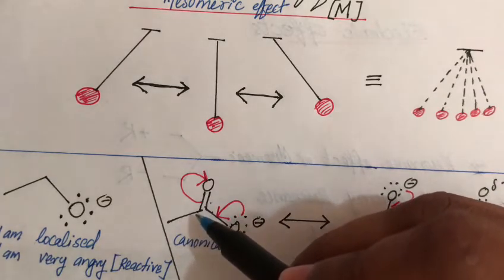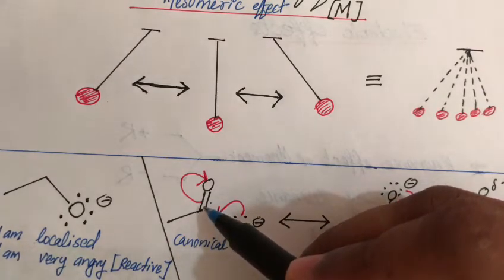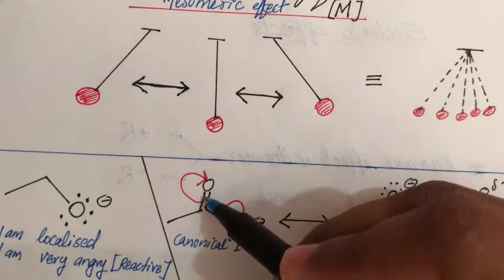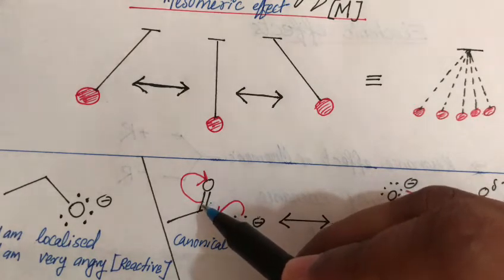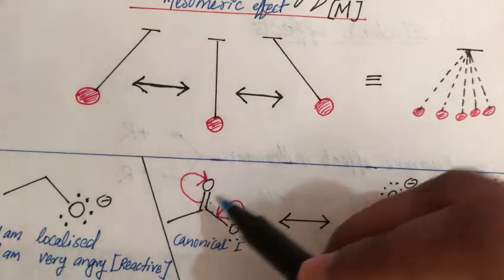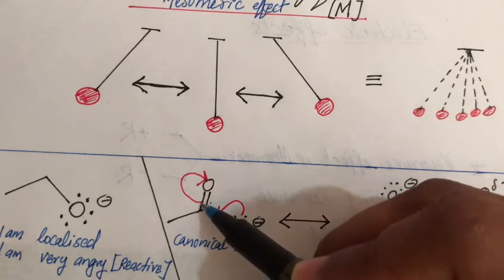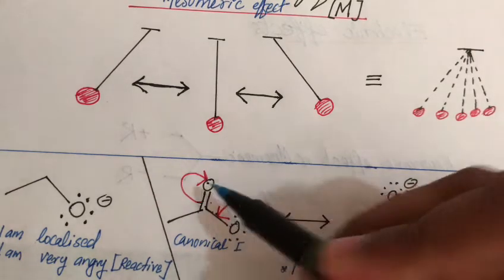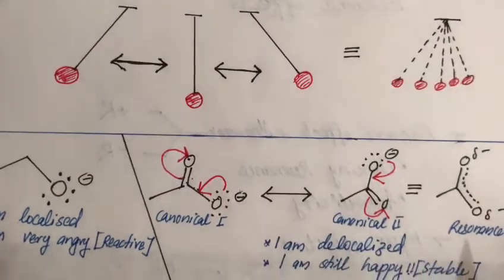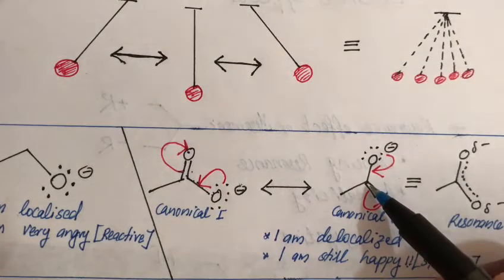Always remember that a pi bond is weaker than a sigma bond. Whenever you have a double bond or triple bond, you have a pi bond, and the pi bond is more susceptible to breakage. So at that time this pi bond moves onto this oxygen, and you can have another structure.